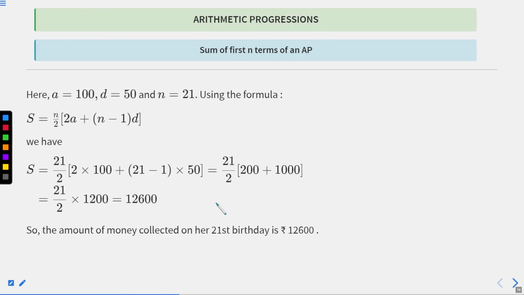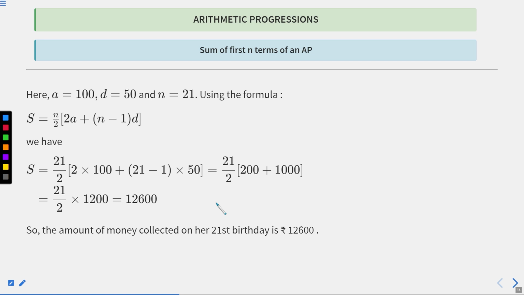Here we have a is equal to 100, common difference d is equal to 50, and the value of n is equal to 21. Using the formula, S is equal to 21 by 2 times 2 into 100 plus 21 minus 1 times 50.